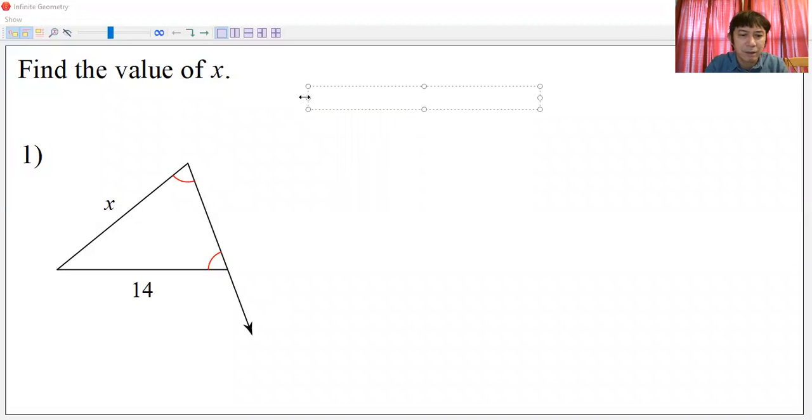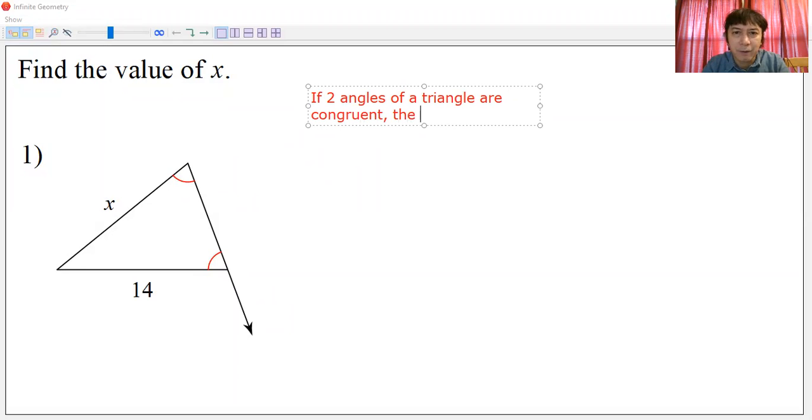Okay, and it goes like this. If two sides or two angles of a triangle are congruent, then, okay, if two angles of a triangle are congruent, then the sides opposite those angles are also congruent.